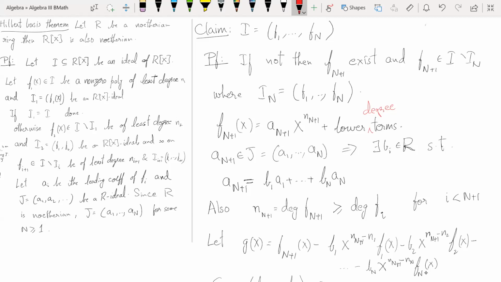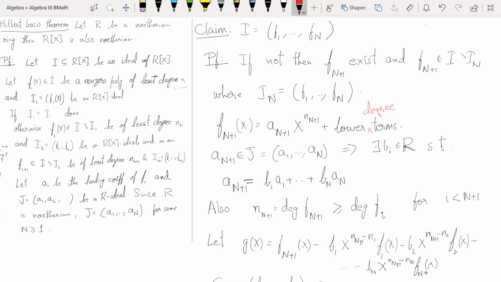Because note that when we choose f1 of degree n1, f1 is of the least degree, and f2 also belongs to that set where we are looking for the least degree. So the degree of f2 is at least the degree of f1. Similarly, the degree of f(N+1) is at least the degree of fN, which is at least the degree of f(N-1), and so on.